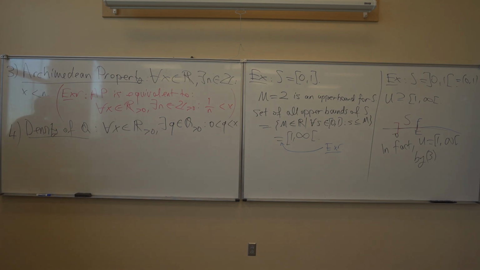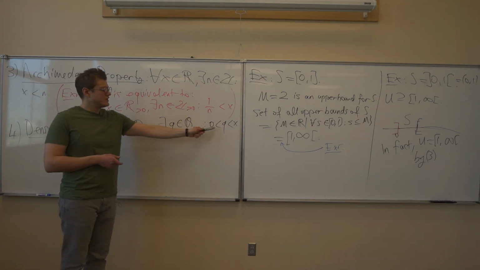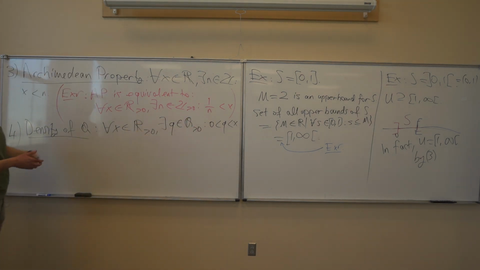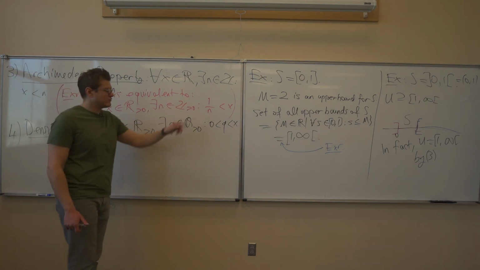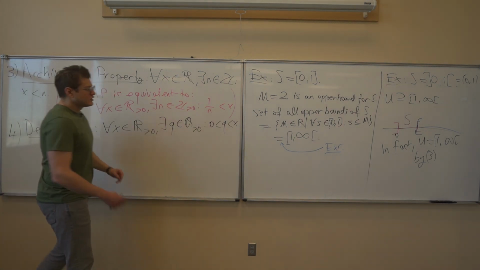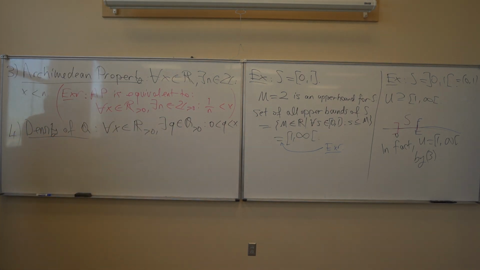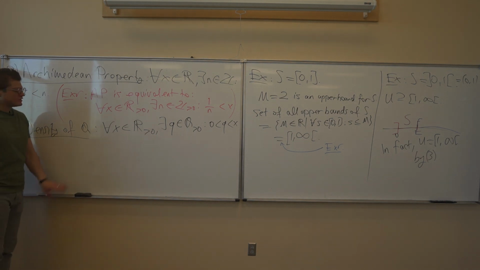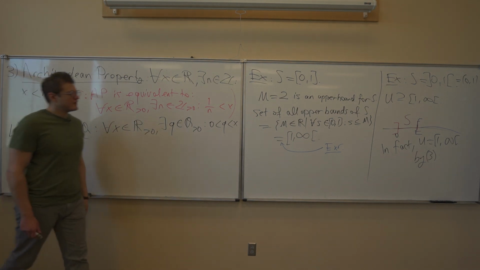Now, when you think about this, the Archimedean property in this form is really a specific case of, or a stronger case of, the density property for rationals, because 1 over n certainly is a rational number. And they're equivalent ultimately, I believe. And again, you can prove this using the completeness axiom.